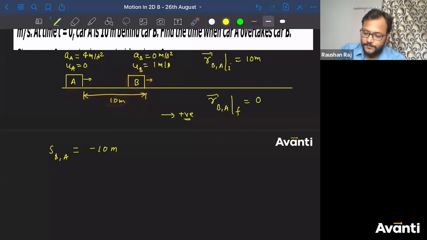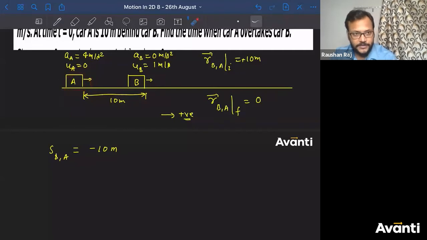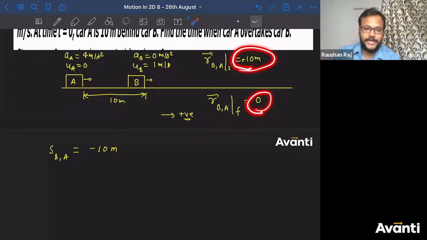So this is plus 10 meter, because I have considered rightward as plus. When car A overtakes car B, the position of A and the position of B are the same. So the position of B with respect to A will be 0 in that case. So what will be the displacement? Displacement is final position minus initial position, 0 minus 10, which is minus 10. All right.